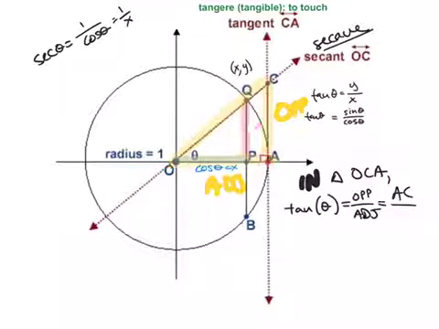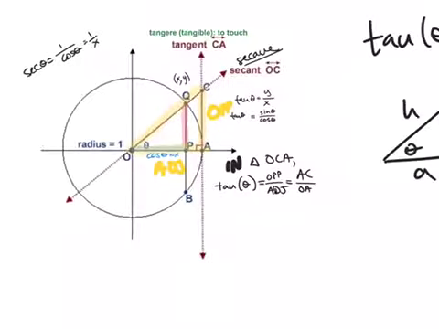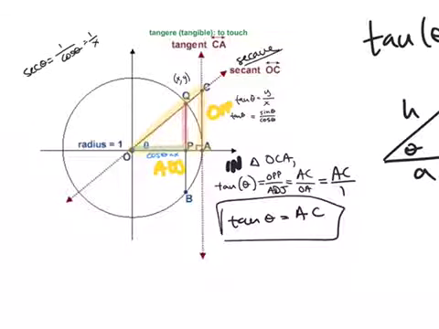And OA is a radius of the unit circle, and so OA has a measure of 1, and therefore the tangent of theta is equal to the length of AC, and AC is a line segment that is a part of the tangent line CA that runs tangent to the circle. And so that's the origin of the tangent ratio.